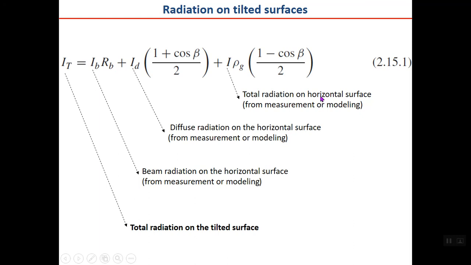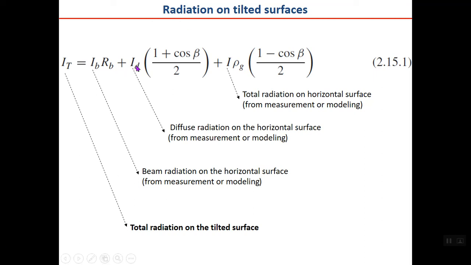Generally, total radiation on the horizontal surface, I, is given from the measurements or from solar radiation modeling. In many cases, measurement data for the total radiation on the horizontal surface are available. Okay?